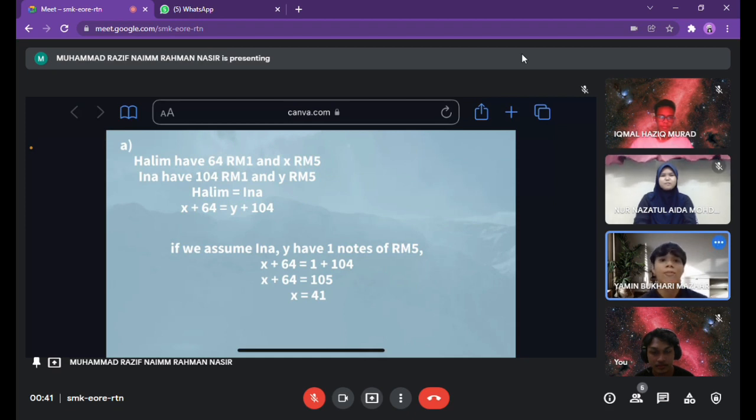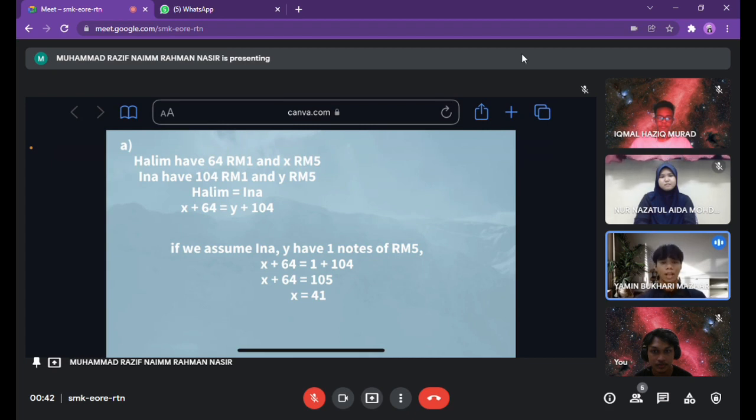Meanwhile, Ina has 104 pieces of 1 ringgit and Y pieces of 5 ringgit. We also know that Halim has the same number of pieces as Ina, so we can make an equation: X plus 64 equals Y plus 104, where X is for Halim and Y is for Ina.